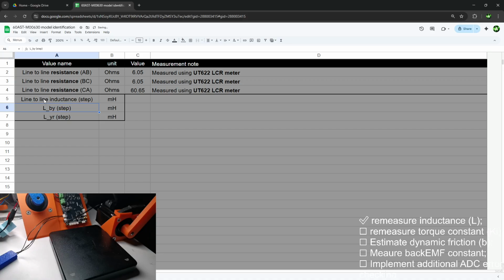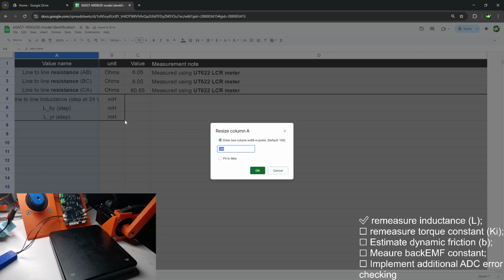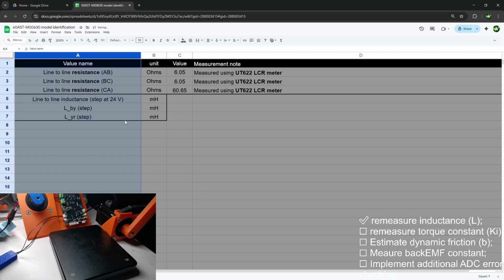Resistance. A step at 24 volts. 24 volts, let's say it like this. And then let's increase the size of this column. And good enough. This is an awkward line, like that.